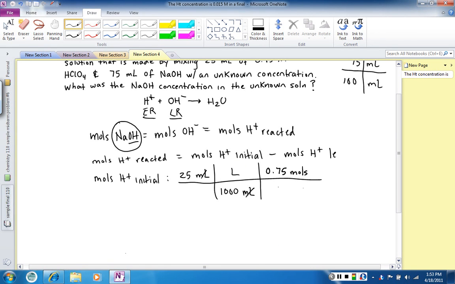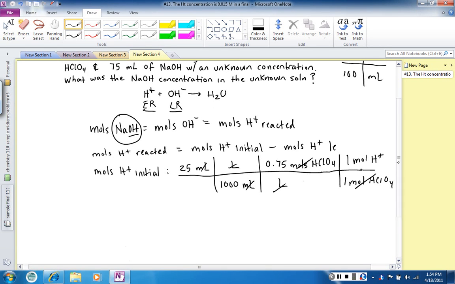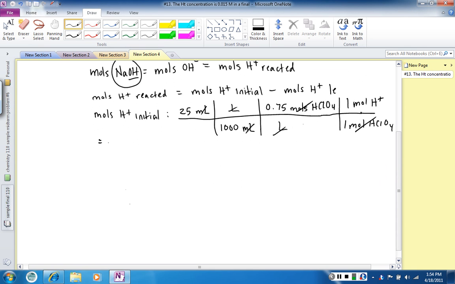We're going to write it as moles per liter. That is the key to solving these. And it's HClO4. We want moles of H plus. It's just a 1-to-1 ratio: 1 mole of HClO4 for 1 mole of H plus. So that gives us 0.01875 moles. That's our moles initially.